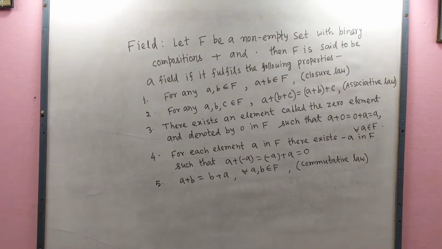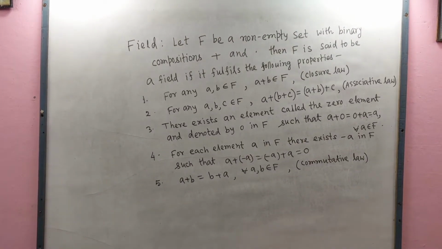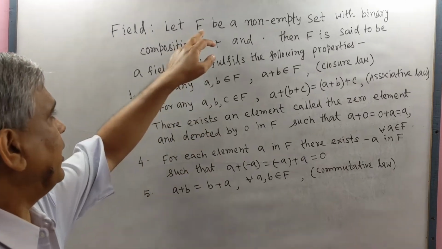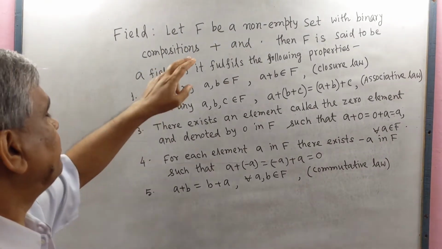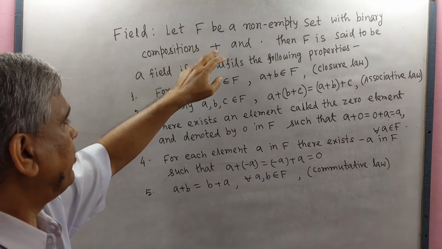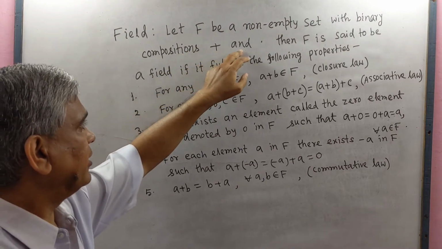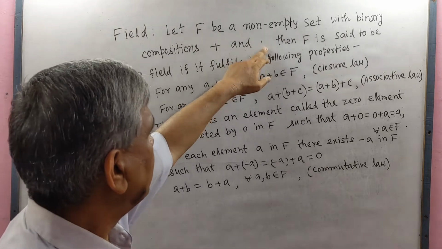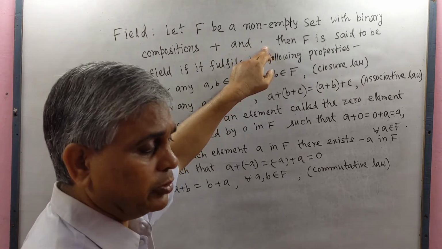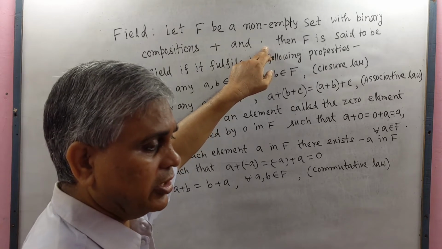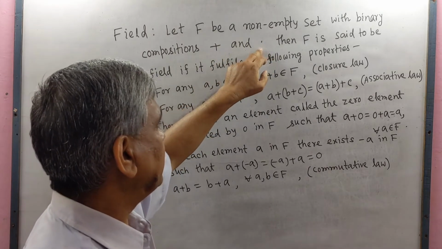Now we shall define field. Let F be a non-empty set with binary compositions plus addition and multiplication. Here we have two binary compositions or binary operations, addition and multiplication.